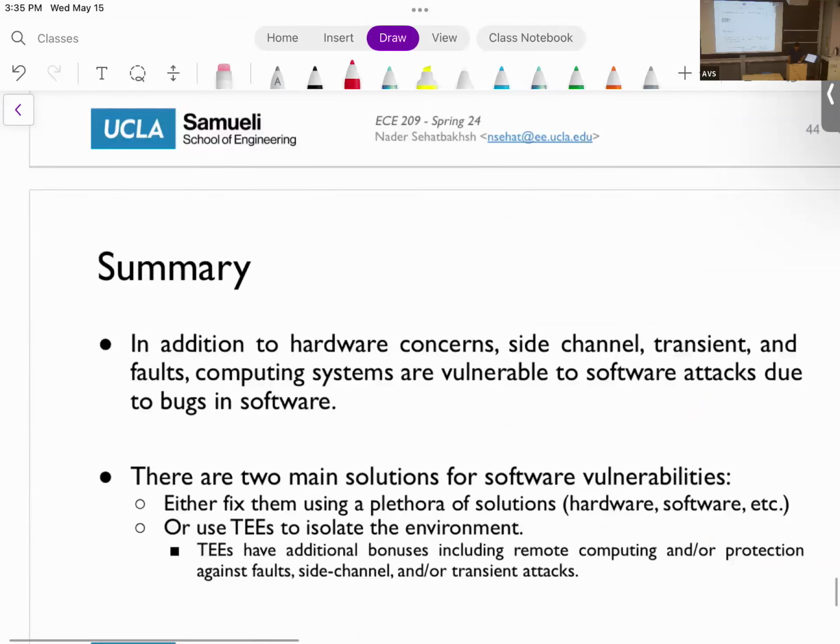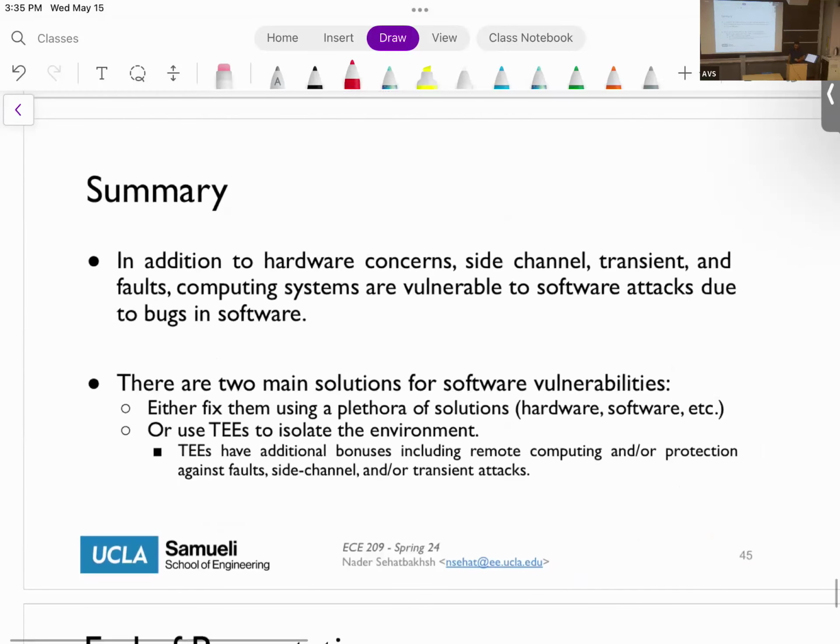Okay. So to summarize, what I wanted to discuss today was that hardware systems are vulnerable to a large class of attacks. We talked about hardware concerns, including transient execution attacks and side channel attacks before.